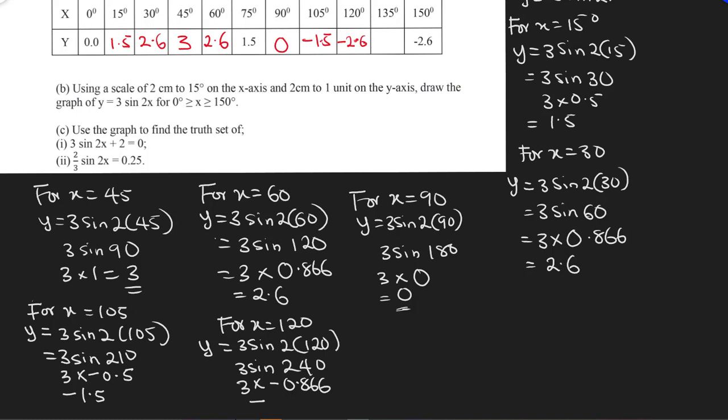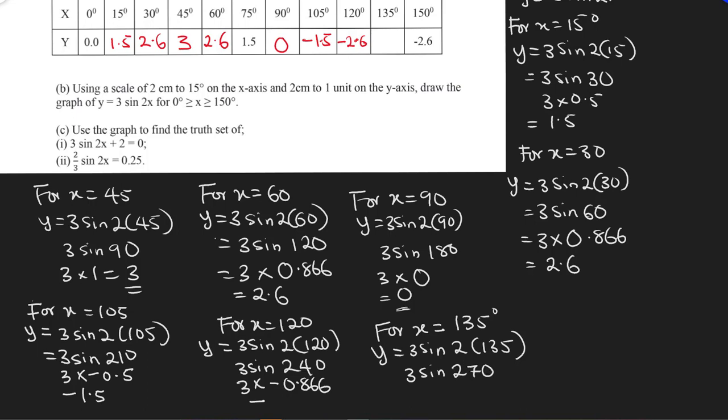Then lastly, we have x is equal to 135. y is equal to 3 sine 2 into 135 degrees. What is 2 times 135? 270.